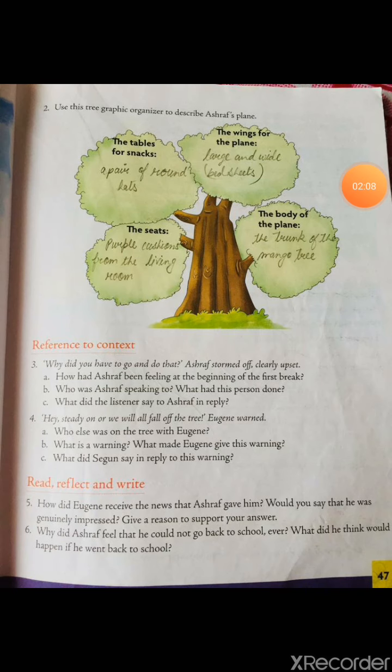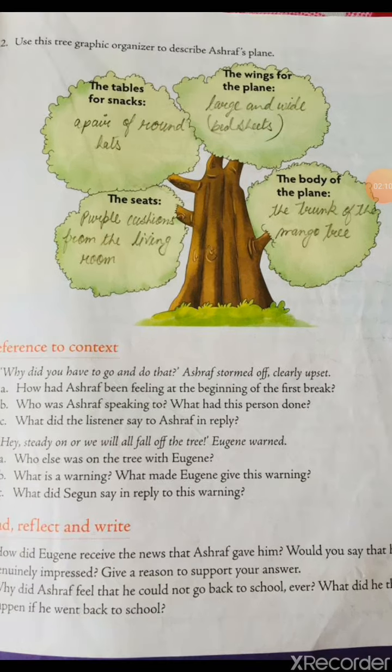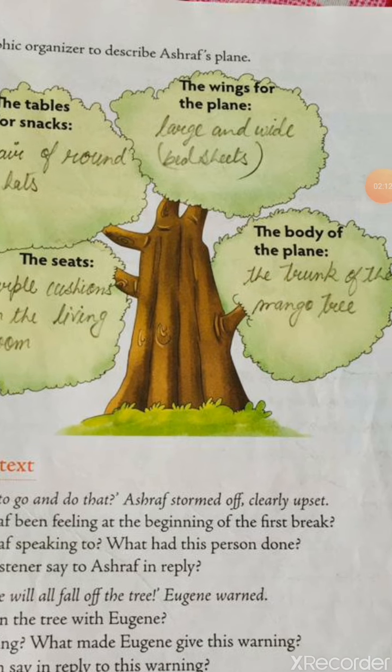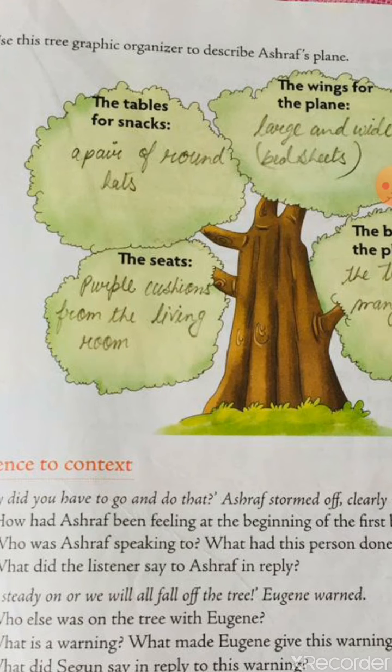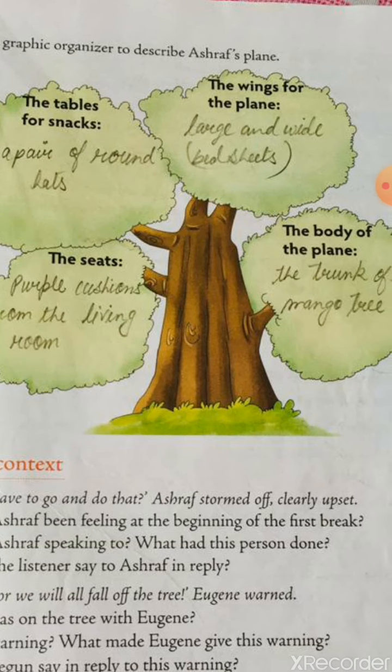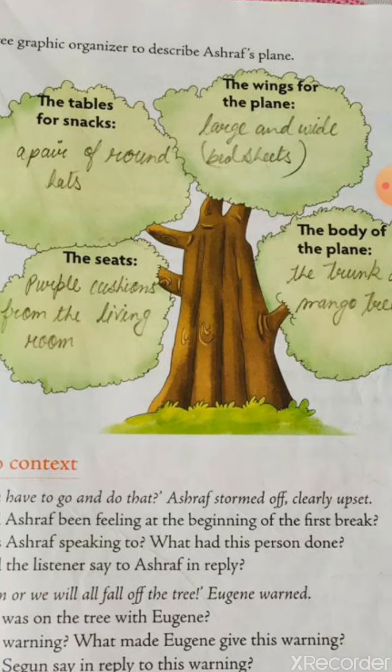This is the exercise. You can see a picture of a tree where we have to fill in some points, like when Ashraf invited his friends, that he invented a plane. So there are 4 columns, circles kind of, and here we have to write what things he used in that plane, okay.